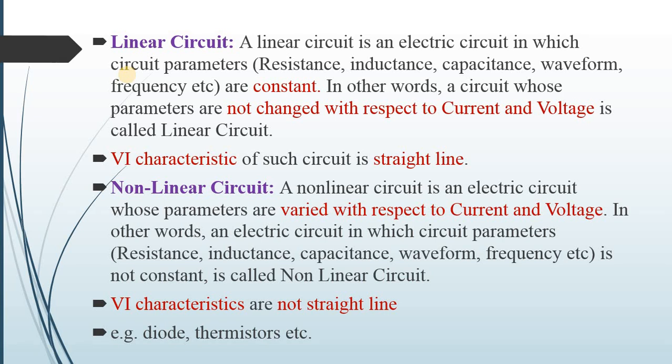In other words, an electric circuit in which circuit parameters, that means resistance, inductance, capacitance, waveform and frequency, are not constant is called a non-linear circuit. The VI characteristic, that means the relation between voltage and current, for a non-linear circuit is not a straight line. For example, diodes and thermistors are examples of non-linear circuits.